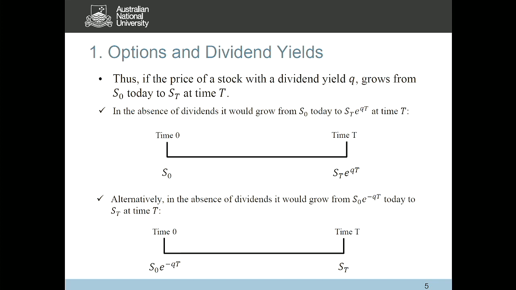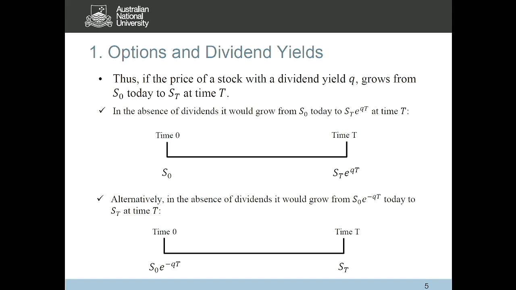Now, in continuous time, S0 times e to the power of minus QT is effectively the same. We are stripping away the dividend yield from the current share price, and that leaves us with a share price less than S0.